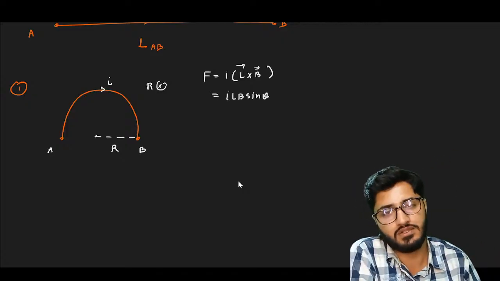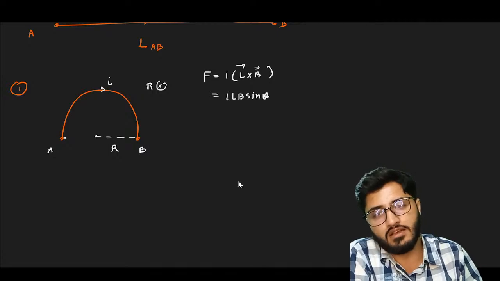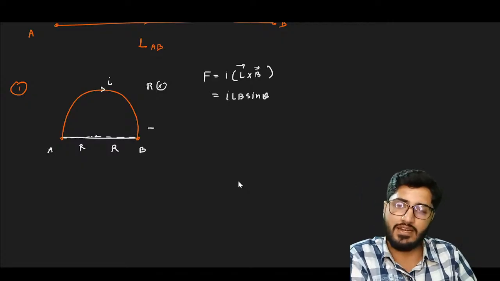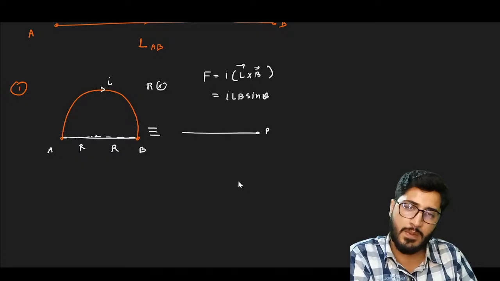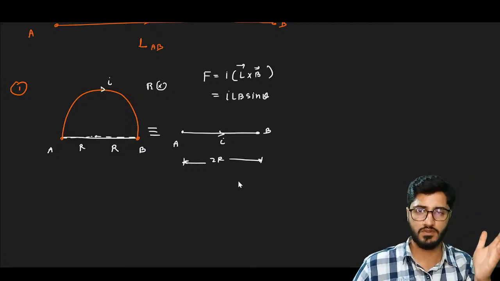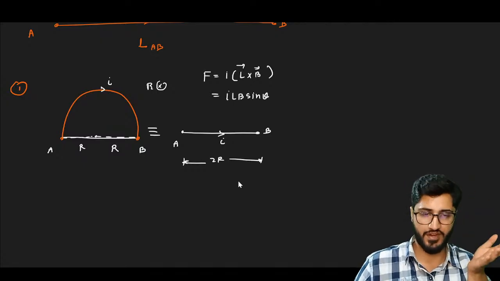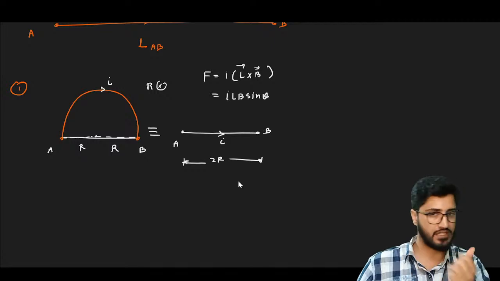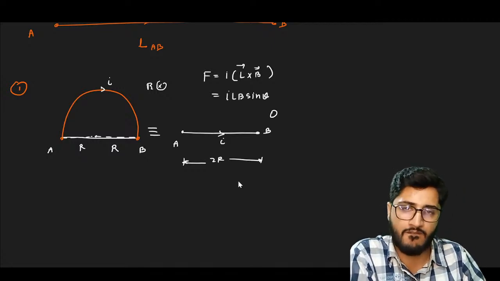A is R and R, so I can write the displacement as 2R. The magnetic field B is inside, current is in this way, length is in this way, so theta is 90 degrees. Sin 90 is 1.